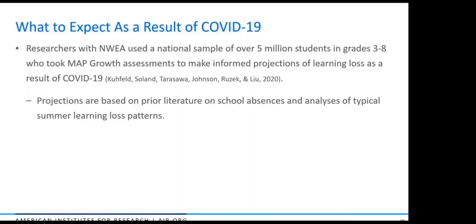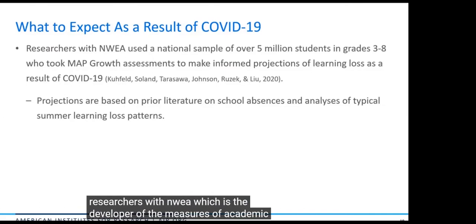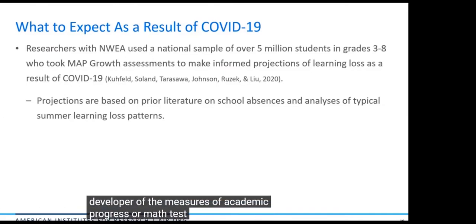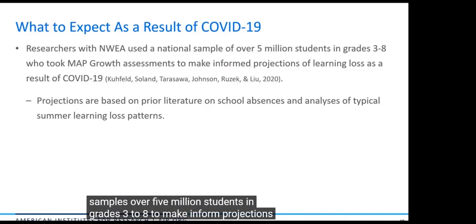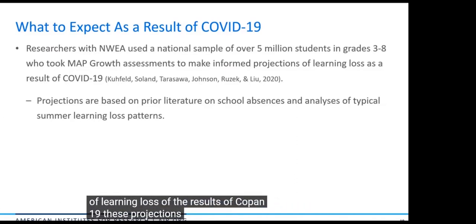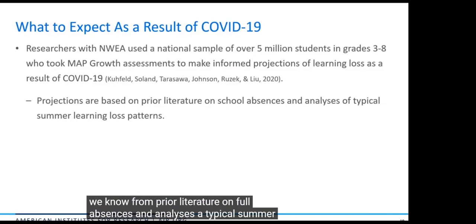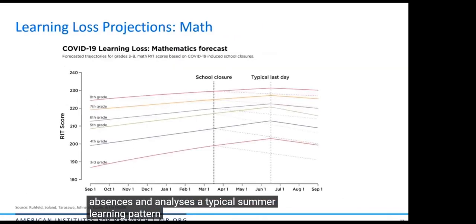Researchers with NWEA, which is the developer of the Measures of Academic Progress, or MAP test, used a national sample of over 5 million students in grades 3 to 8 to make informed projections of learning loss as a result of COVID-19. These projections are based on what we know from prior literature on school absences and analyses of typical summer learning patterns.